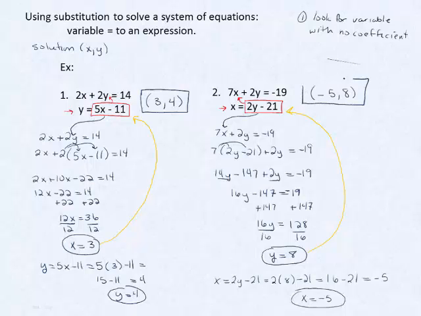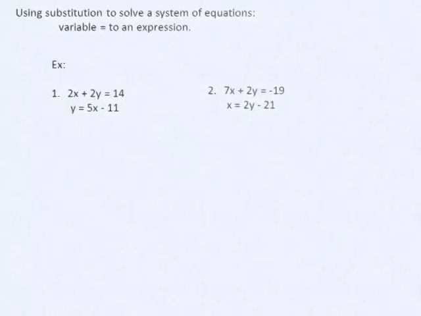Now these worked out really well because I had a variable equal to an expression, so it made it very easy to plug in. Sometimes that doesn't work out. You'll have a variable with no coefficient, but it's not the variable equal to something else. Like in this example, we have this x, or in this example, we have that y.